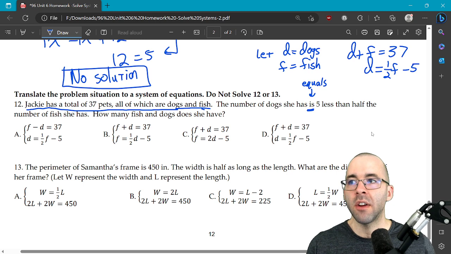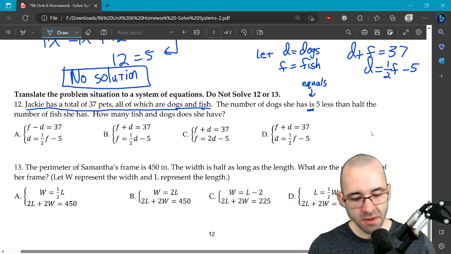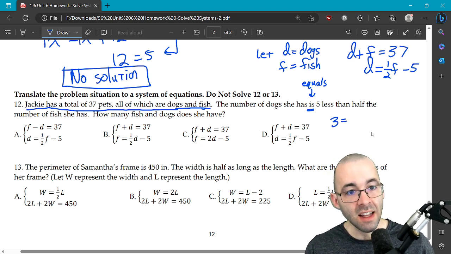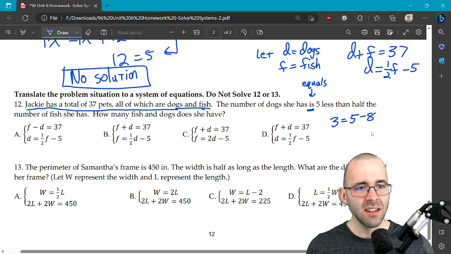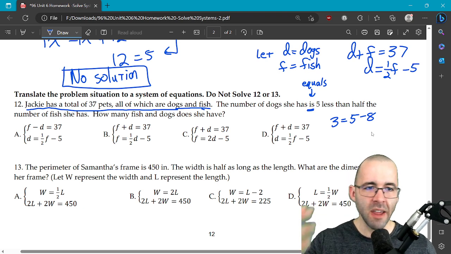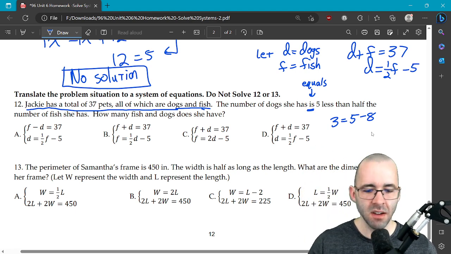Okay. And if you're ever curious about the order on that, just give some examples. You could say 3 is 5 less than 8. But if you wrote it like this, that wouldn't make sense. Not true at all. So this is just a silly example without variables to show the order of what these words mean.